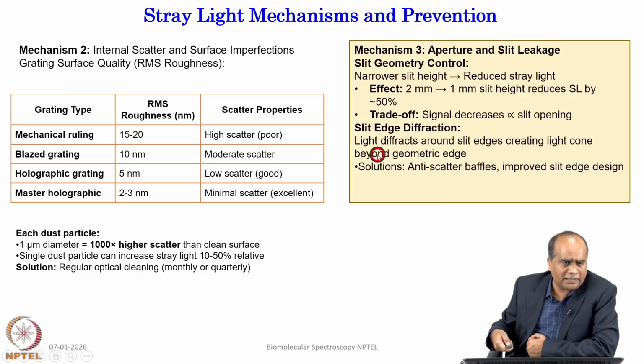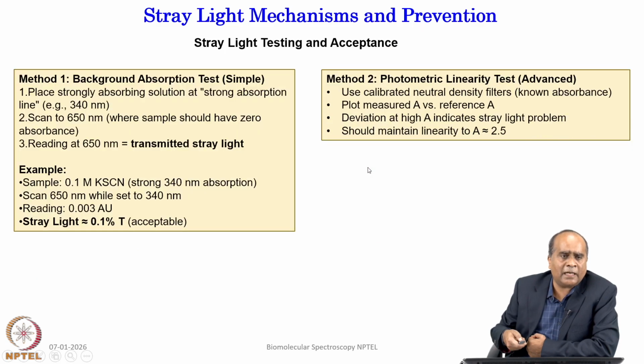I will leave these slides for you to read. Basically, one can do stray light testing and measure acceptance, the background absorption test, which is a simple test, and also the photometric linearity test, using calibrated neutral density filters to measure how much stray light is coming and get the stray light limit during calibration of the instrument.